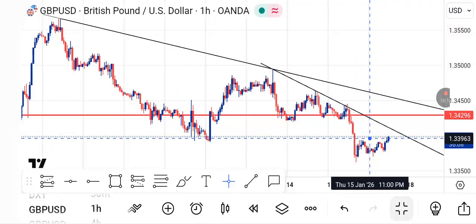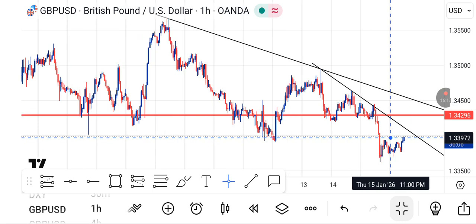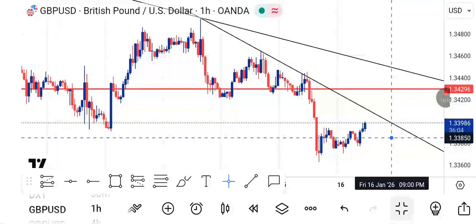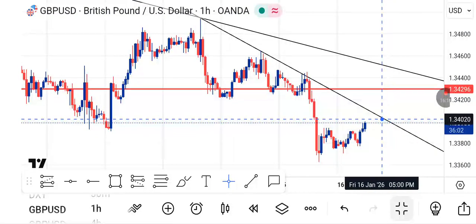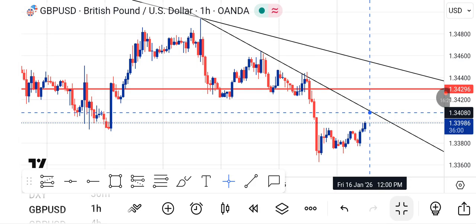Now what I'm looking at is the trend line again. As I said before in my previous video, a trend line can serve as support, can serve as resistance. You have trend line support, trend line resistance.